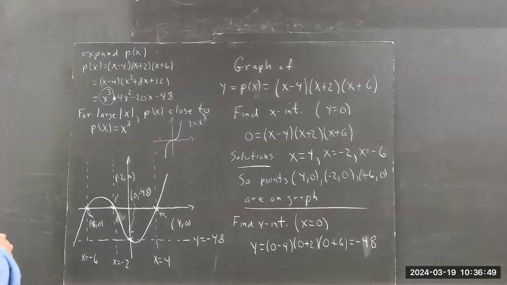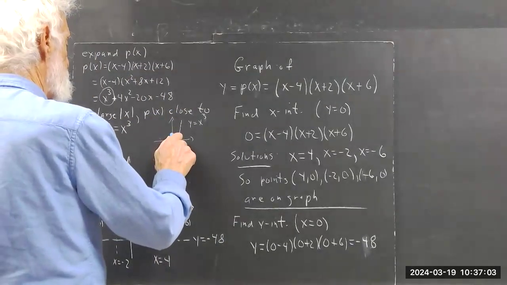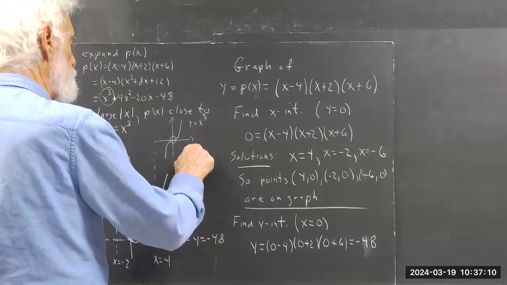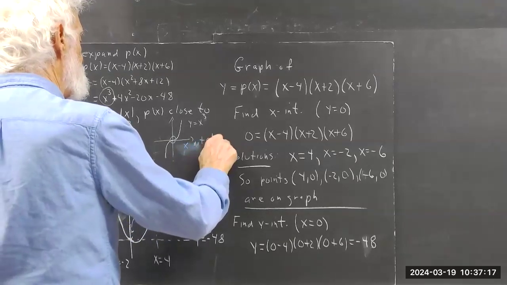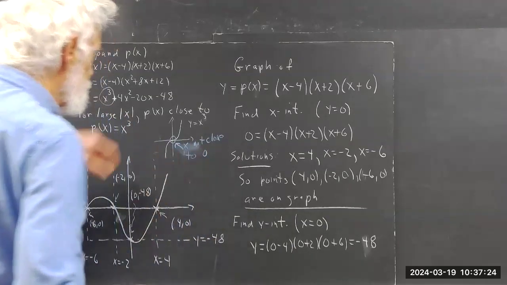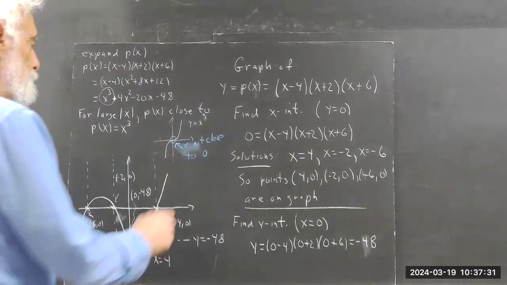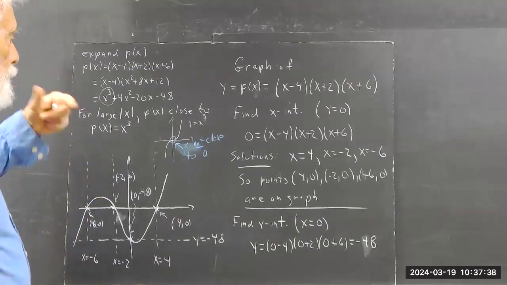Okay. Now, in between, in here, somewhere in the vicinity of the origin, X is not large.